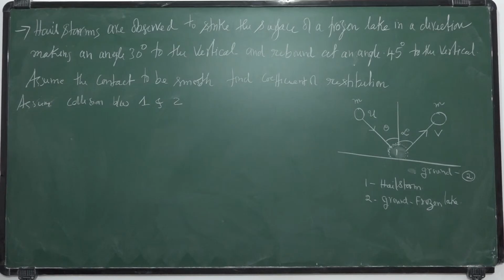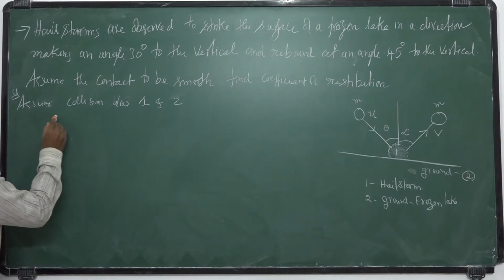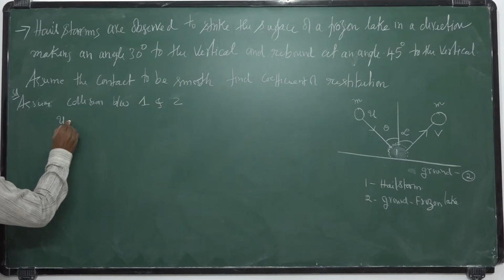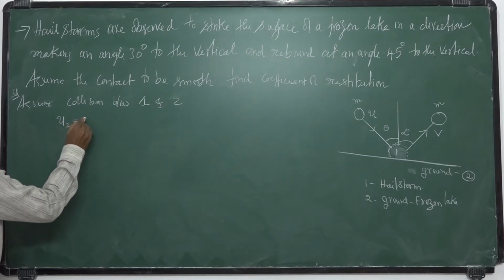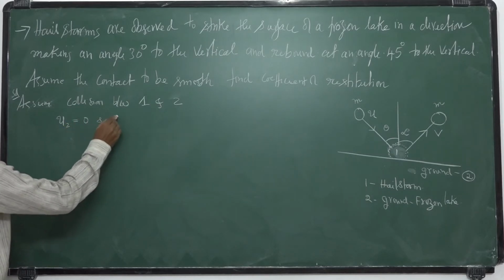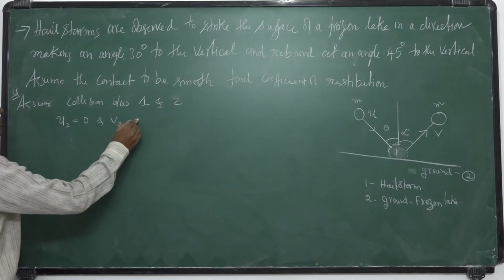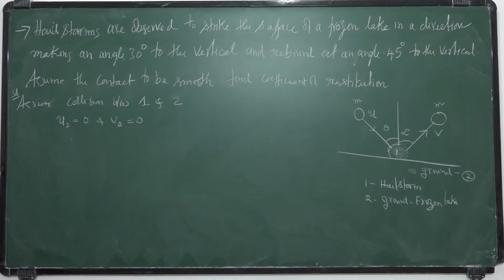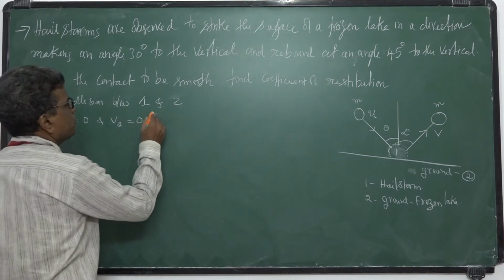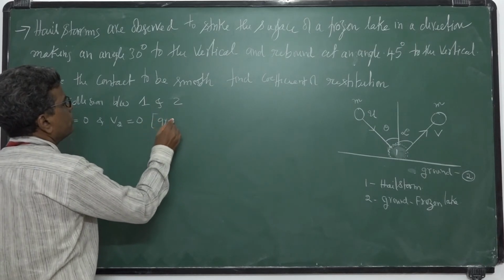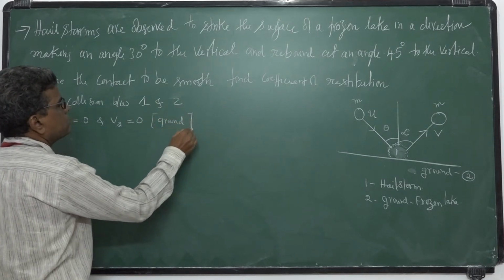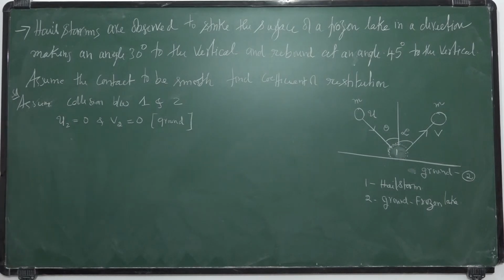2 is at rest. So u2 is 0 and v2 is also 0, because the ground is at rest before and after collision.